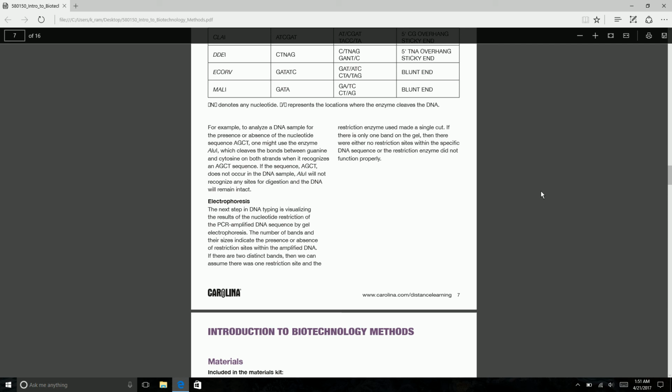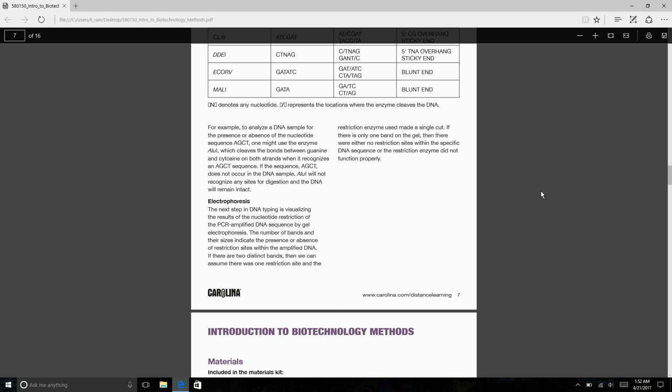Now the fragments which are bigger in size will have difficulty moving through the pores, because this agarose has pores inside. So the DNA fragments which are bigger in size will stay near the wells, and the DNA fragments which are very small in size will move away from the well. So the small fragments run faster, and the larger fragments run slower.